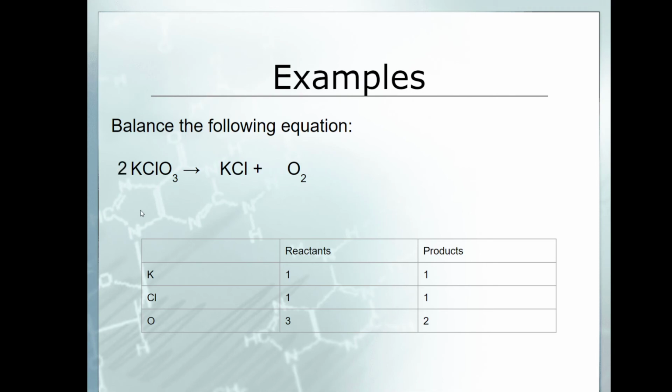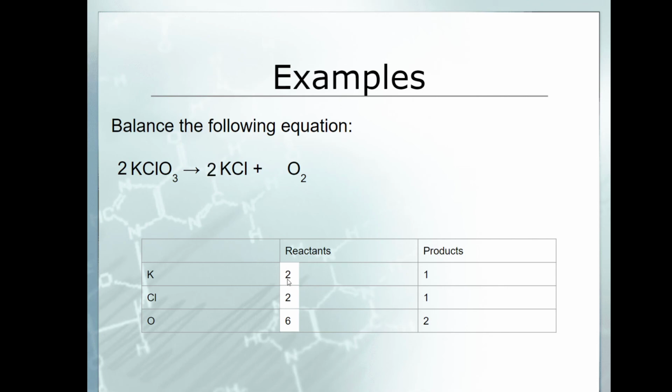So we'll come in here and we'll plop a 2 in front of our KClO3. And when we do that, it changes our oxygen to a 6, but it also changes this K and the Cl to 2s because it affects the entire molecule. Right, so you gotta pay attention to that.